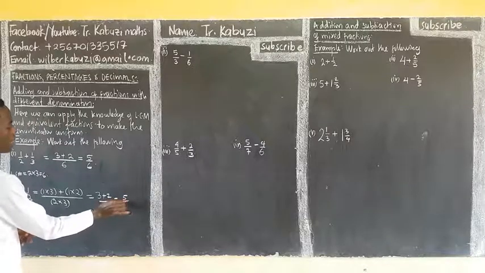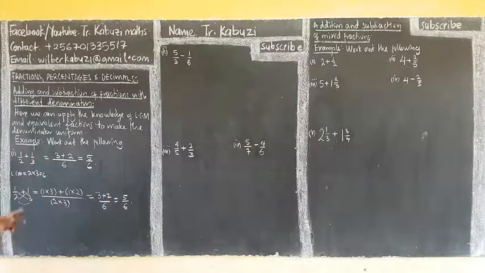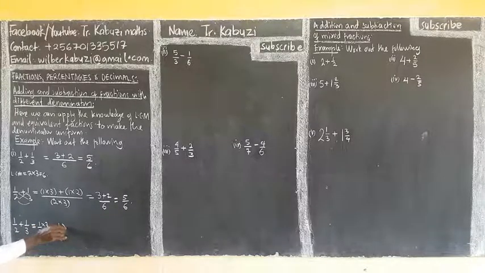Which gives you 5 over 6. The other alternative is when you have 1 over 2 plus 1 over 3. You multiply the same here: if this is 3, multiply here by 3 and 3; if this is 2, multiply here by 2 and 2. So this is the other case. 1 times 3 over 2 times 3, then plus 1 times 2 over 3 times 2.